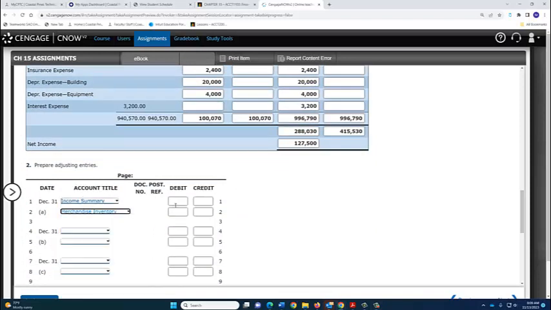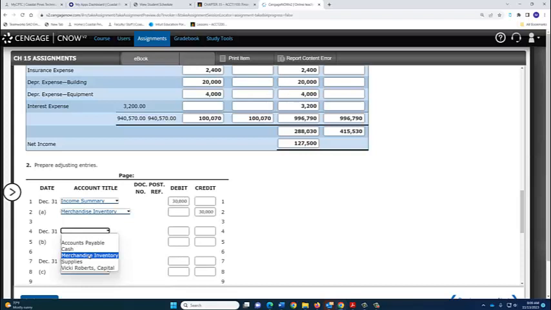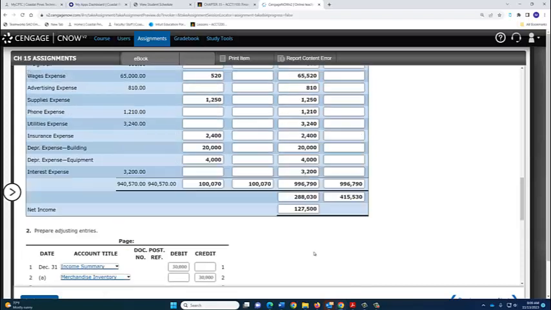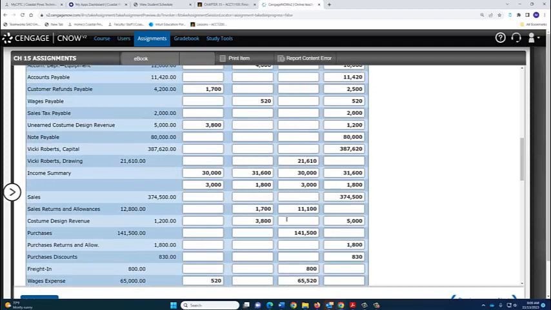So we will just enter that first entry that removed the old figure of 30,000. Okay, now we will flip this entry, because that is the journal entry where we entered the new inventory.